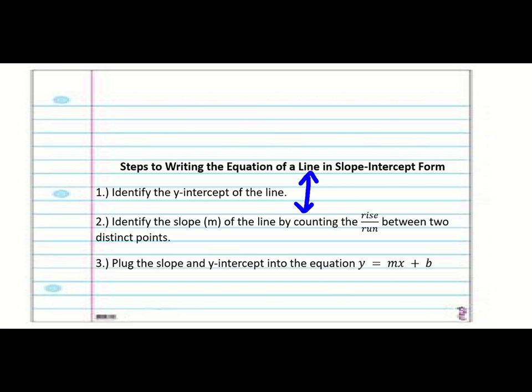The second step is, after you've identified the y-intercept, to identify the slope of the line. So we're going to pick any 2 points on that line and we're going to count the slope, which is rise over run. Once we know the y-intercept and the slope, we're going to plug those 2 numbers into the equation y equals mx plus b. So let's see how this is done.